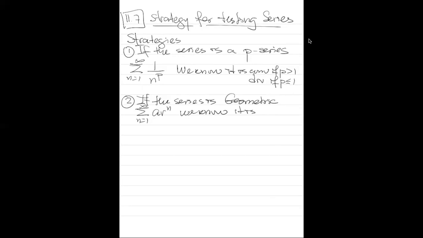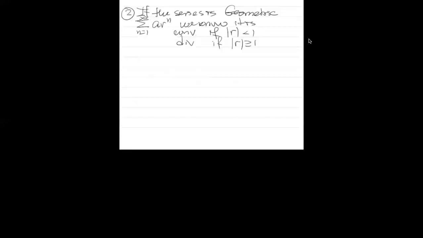I should write this here. It is convergent if the absolute value of the ratio is less than 1, and divergent if r is greater than or equal to 1. We already know this. Some algebraic manipulation may be required first to bring the series to this form.